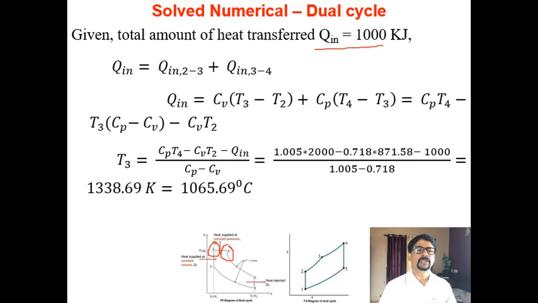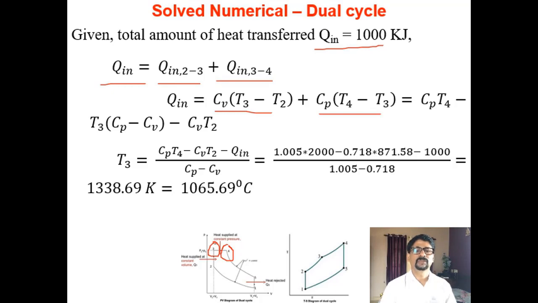As you know, heat addition in the dual cycle takes place in two processes. One is the constant volume process 2 to 3, Q in 2 to 3, and the other is the constant pressure process 3 to 4. Q in 2 to 3 is Cv into (T3 minus T2), whereas at constant pressure it is Cp into (T4 minus T3).